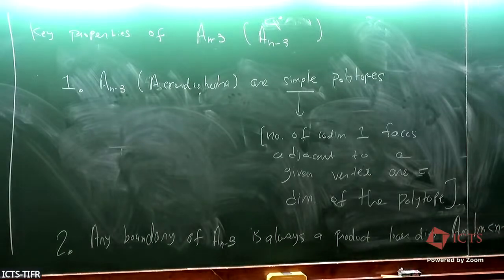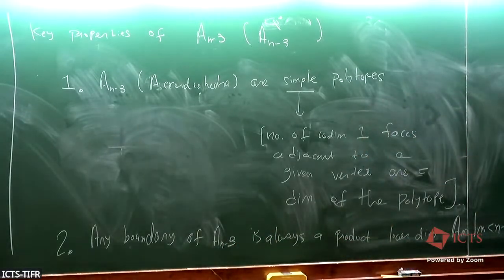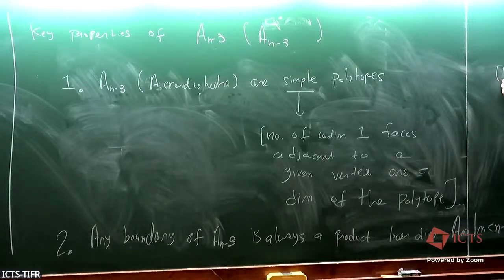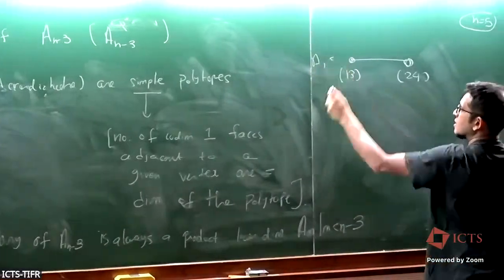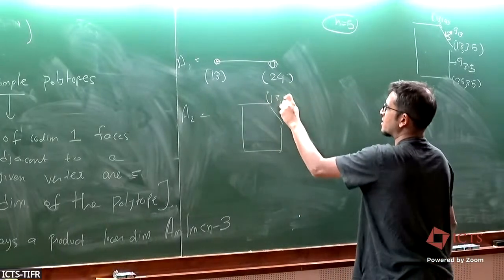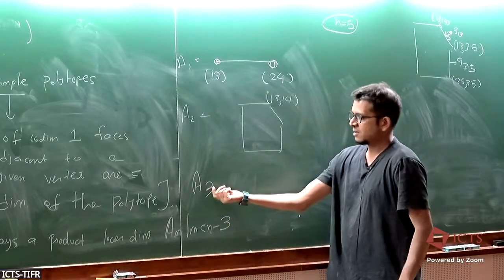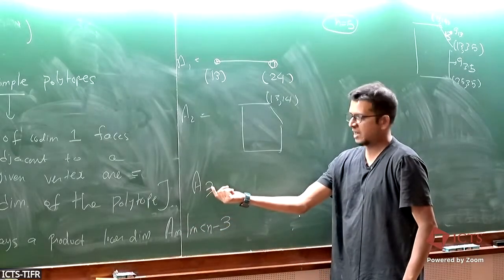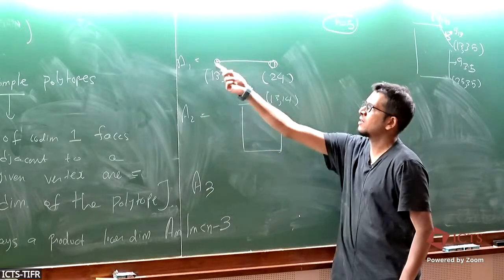This property is actually very profound. It's not obvious at all, because this property is telling us that let's start building up the Associahedra combinatorially. So we know that 1-dimensional Associahedra is just a line which is labeled by, let's say, triangulation of a 4-gon. And as we saw, the 2-dimensional, so this is A1, A2 was a pentagon which was labeled by this triangulation, etc. If you look at A3, this property tells us that any codimension 1 face of A3 has to be either a pentagon or a square, which is a product of a line and a line.